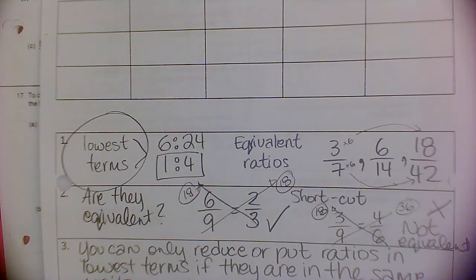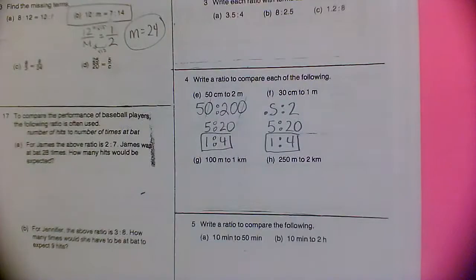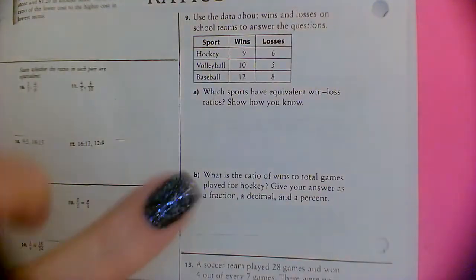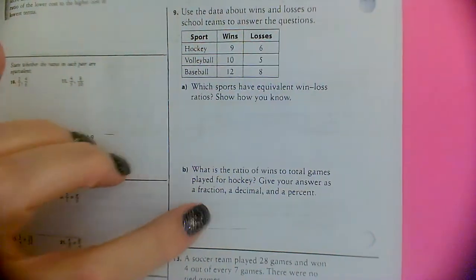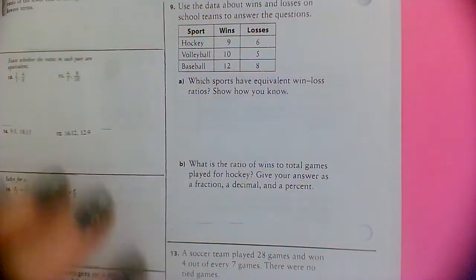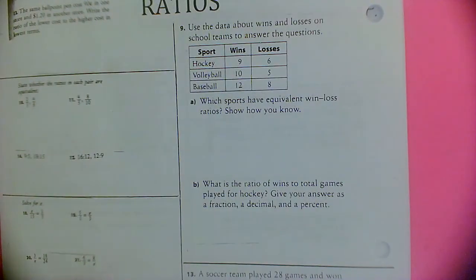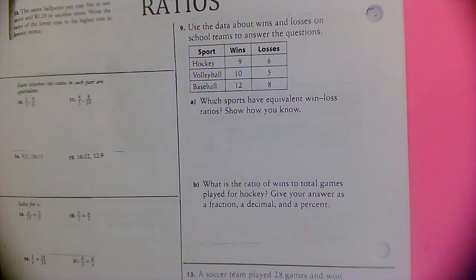Oh, they threw in one. I'll go to the sports one, page 5. There's a couple of them. They ask you to throw in a percentage, fraction, decimal, percent. No, we can do it.